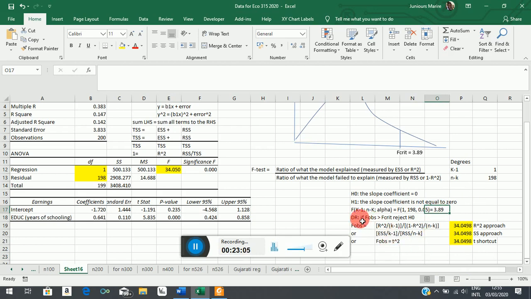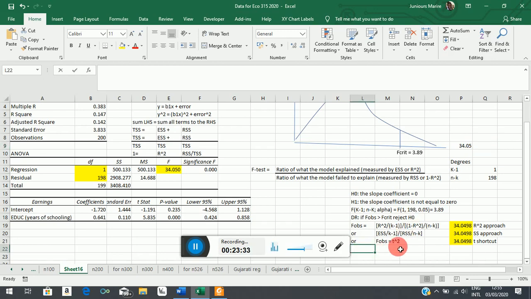Now our decision here said if our F observed is greater than our F critical, we must reject H naught. So our F critical is 3.89. And here we got our F observed far to the right, which is 34.05. It's a very big number relative to the critical value, so we are deep into the shaded region.